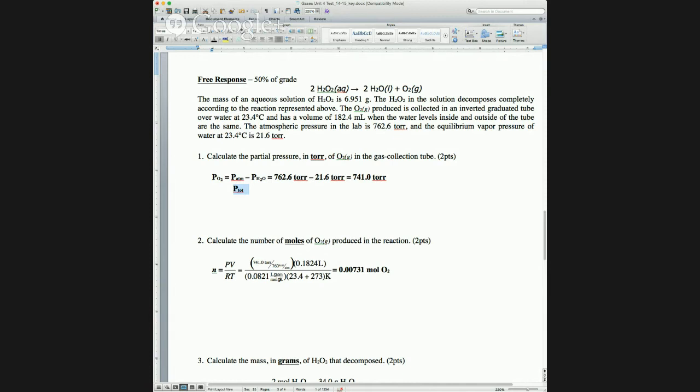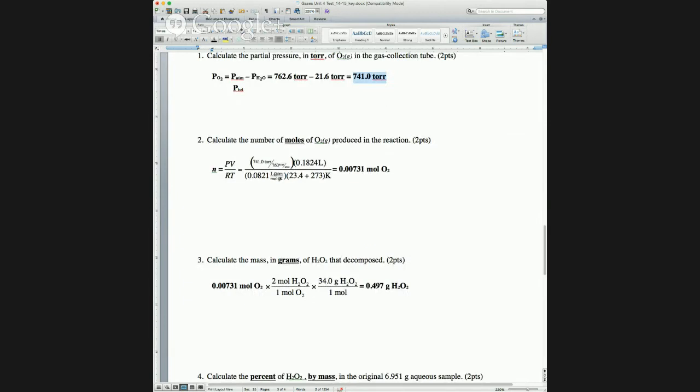So P total minus P of water equals P of oxygen gas, a little algebra, okay? And so you get 762.6 minus 21.6 gives you the pressure of the oxygen, which is 741.0 torr. All right, that should be pretty straightforward, pretty easy.